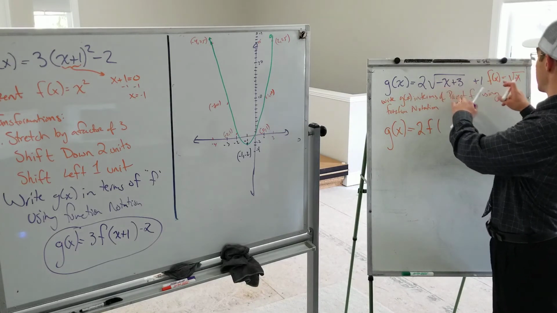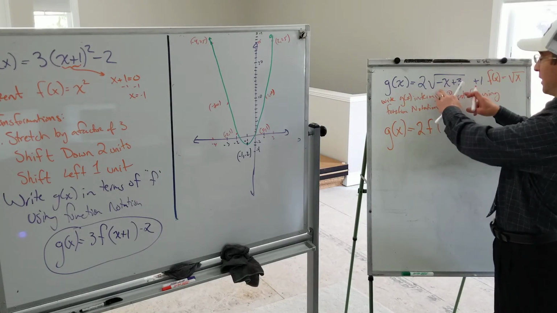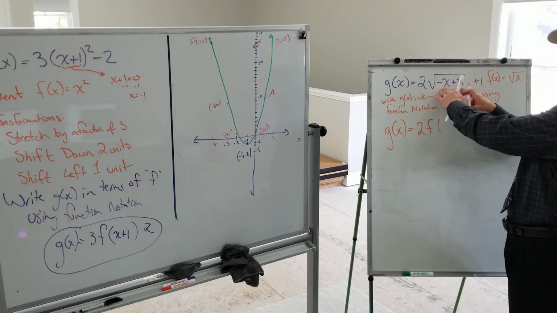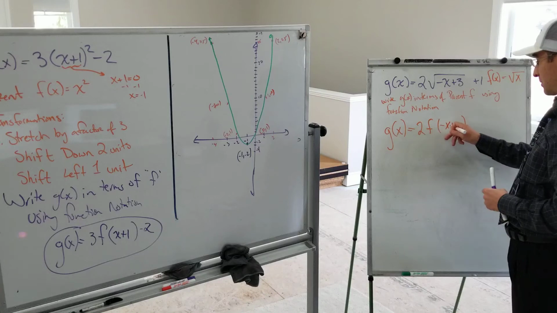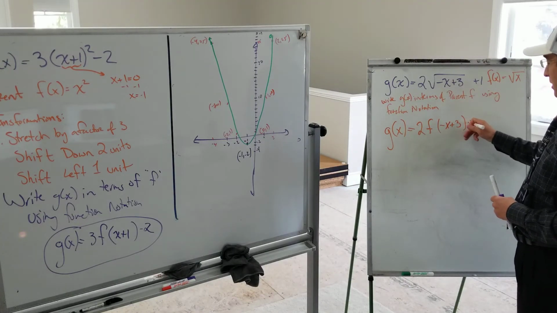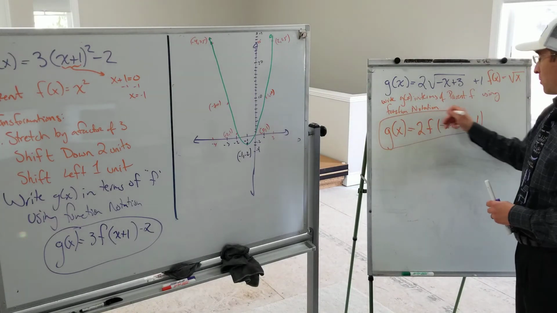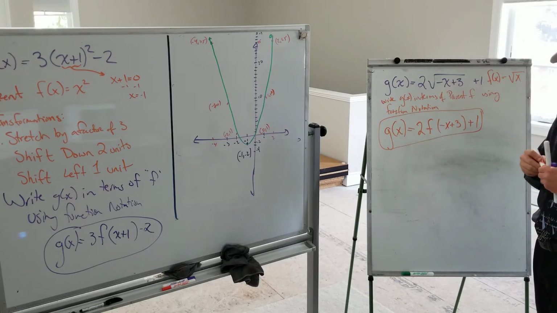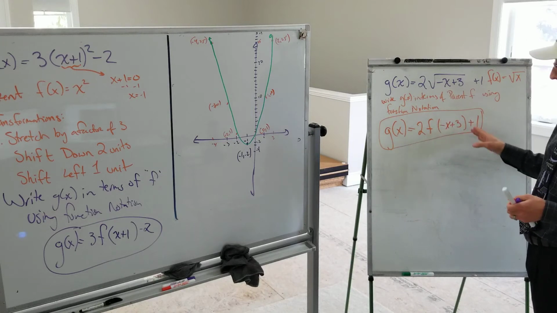So that's what's going to go inside the parentheses. Instead of just square rooting an x like we are here, we're square rooting a negative x plus 3. So negative x plus 3, and then we have this plus 1 on the outside. So that would be writing g in terms of f right here. We basically replace the square root part with the f of.